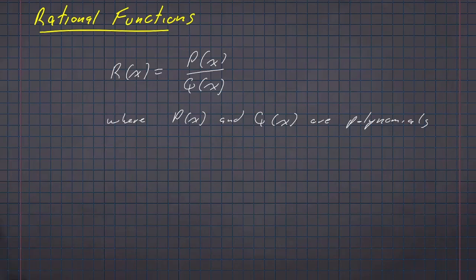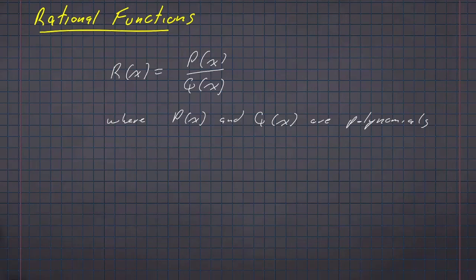And when you're dealing with rational functions, one of the things that you learned early on in previous mathematics courses is that rational functions must always be reduced to their lowest terms.